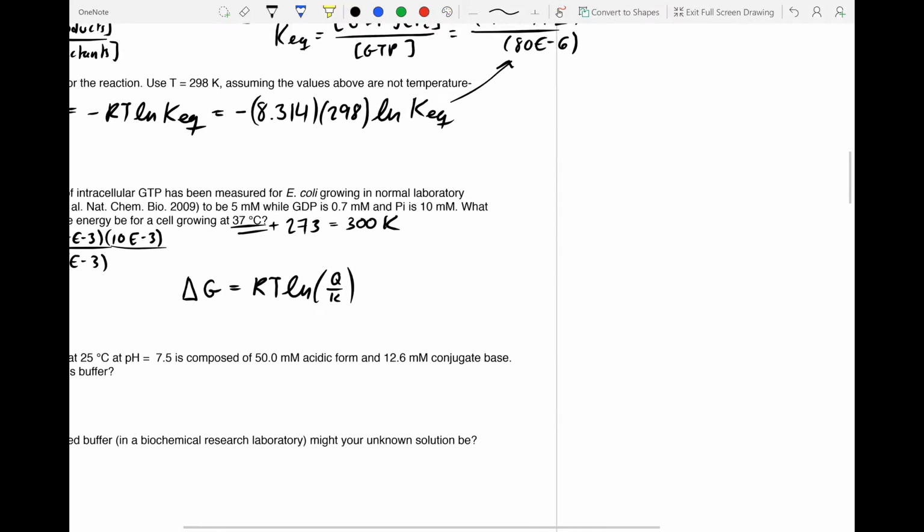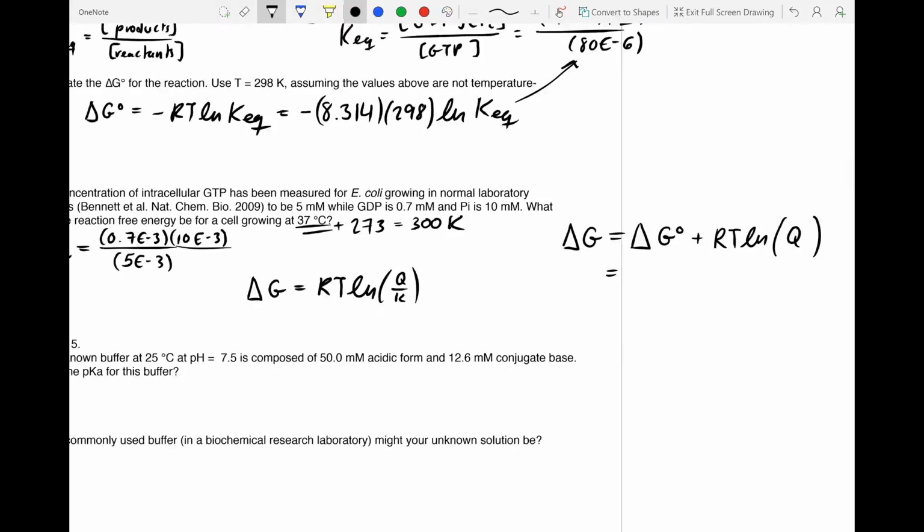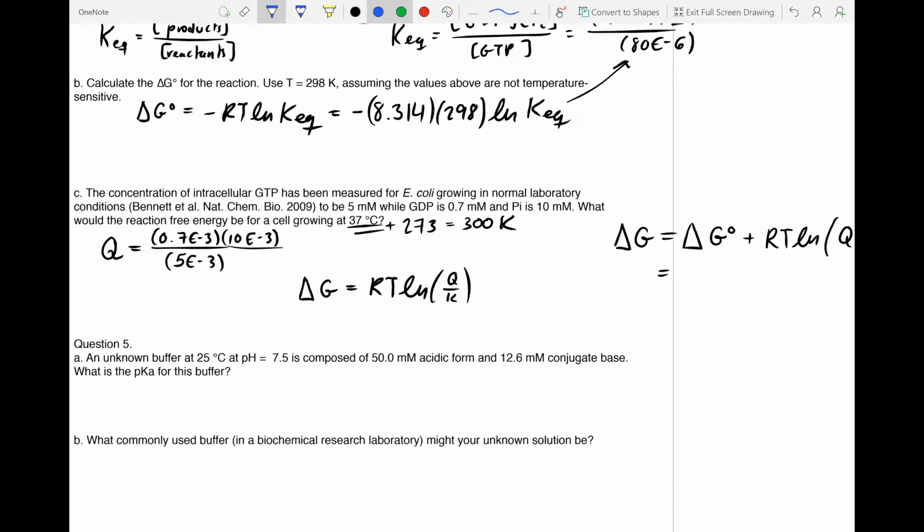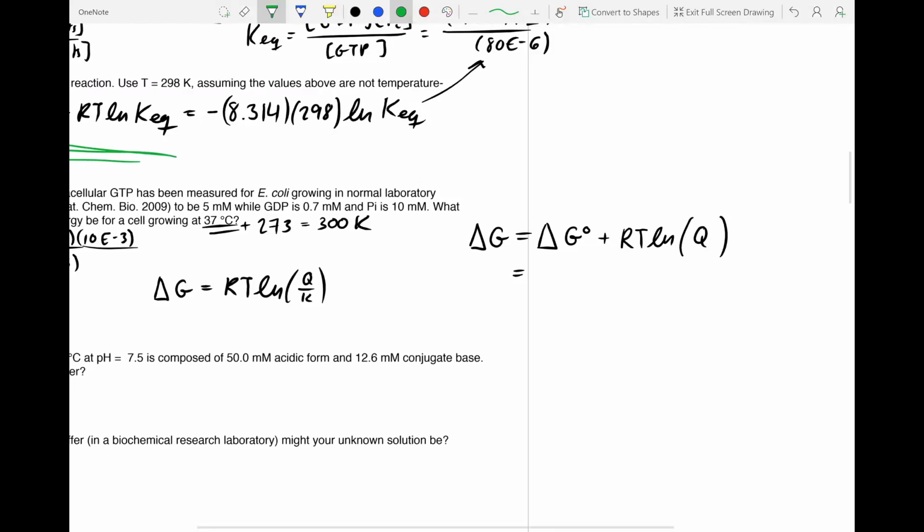And the way we derived this was that we know that delta G is going to be equal to delta G at standard conditions plus RT natural log Q. My bad. Okay, and from up here, we're going to substitute.